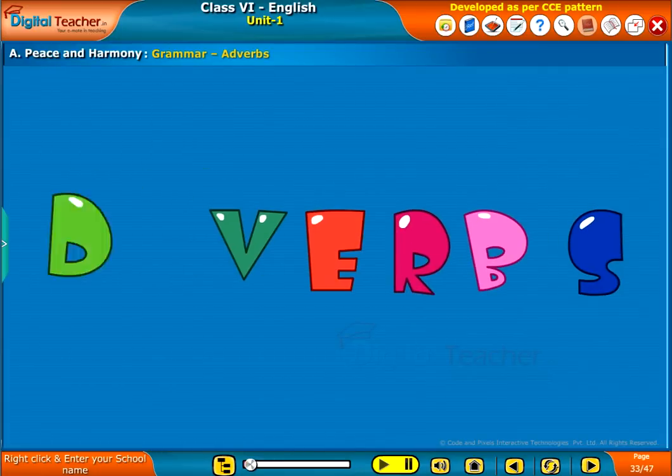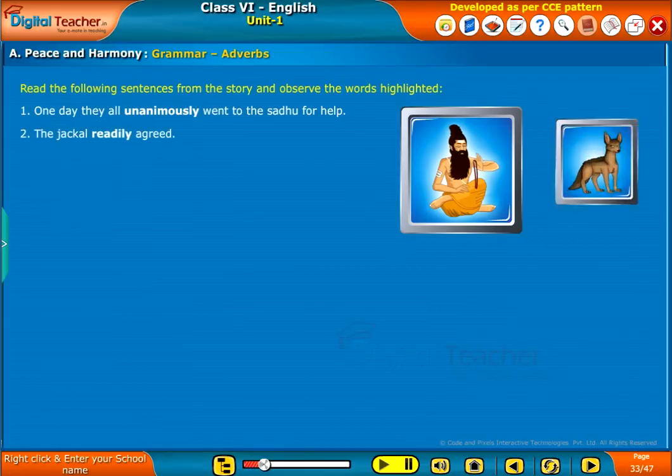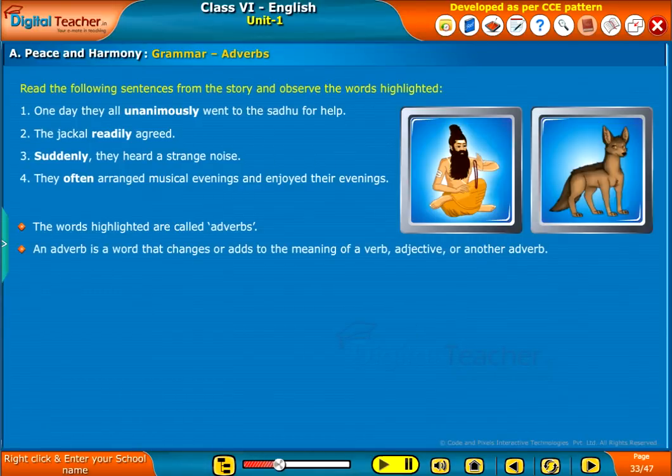Let us now learn about adverbs. Read the following sentence from the story and observe the words highlighted. The words highlighted are called adverbs. An adverb is a word that changes or adds to the meaning of a verb, adjective, or another adverb.